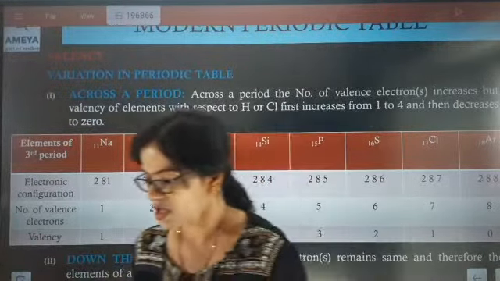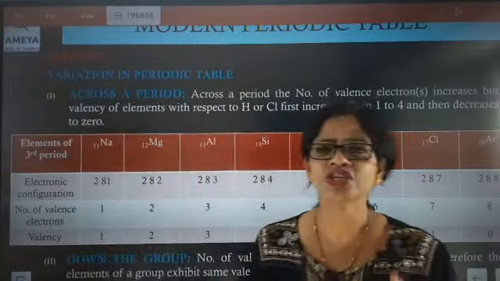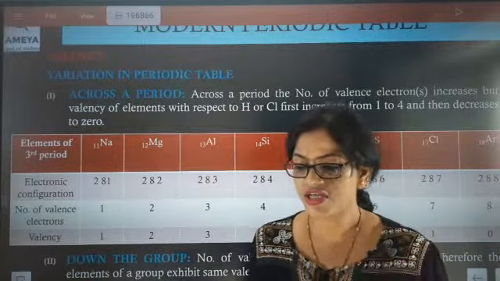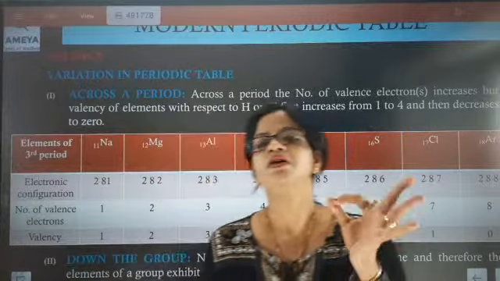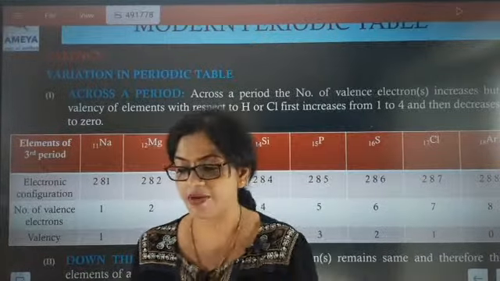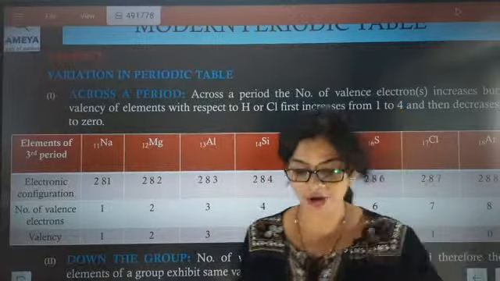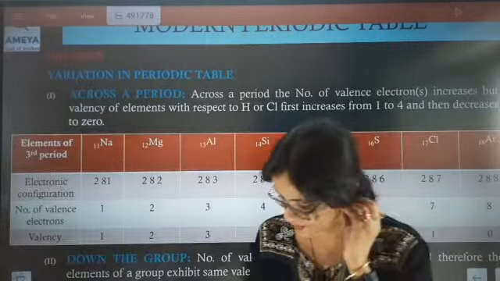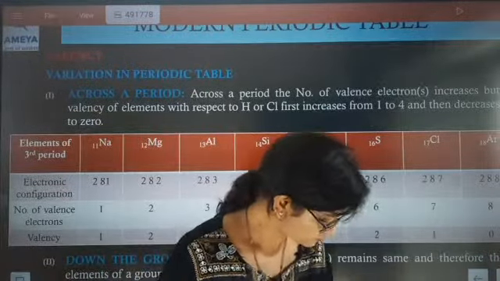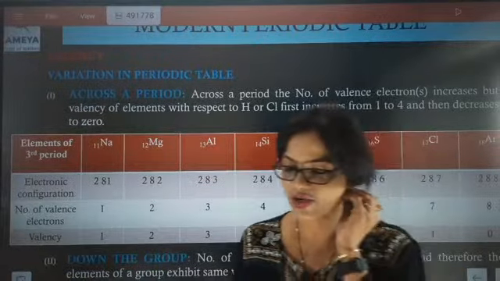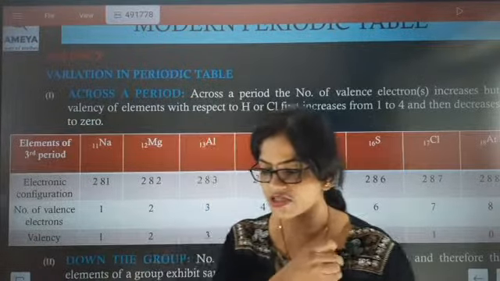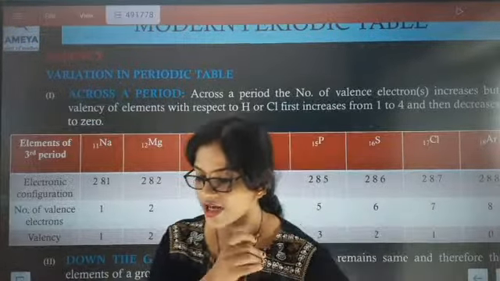Next question. Which is the most electronegative element in the periodic table? Sarthak, good evening. Start answering questions. Quickly answer. Yesterday itself we have discussed this point.